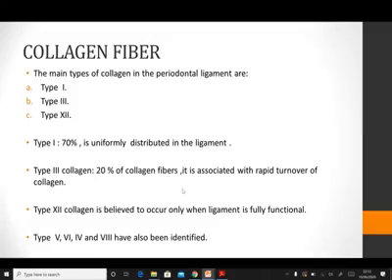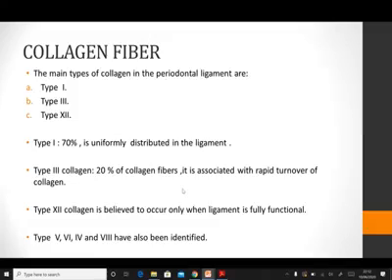Starting with the major fiber system that we have in the periodontal ligament, and that is the collagen fiber. Collagen fibers basically is the main type of fiber system present within the periodontal ligament, and of these, the main types of collagen found within the periodontal ligament are type 1, 3 and 12.